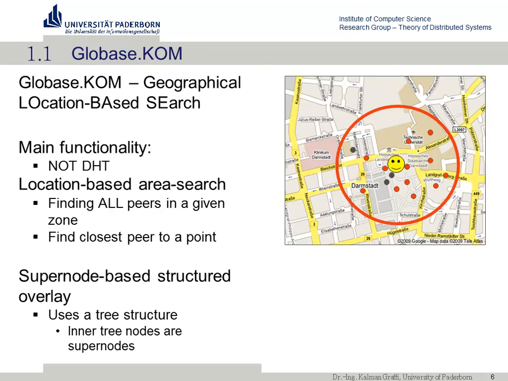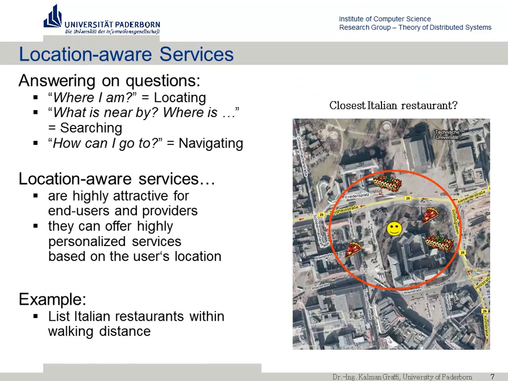To give you a small example of what you can use it for. Locating means to find the position where we are, and searching means finding what is nearby. So if I'm that user, for example, and I'm looking for Italian restaurants, then it should give me the location and the contact addresses of all Italian restaurants within a distance of 1 kilometer, for example.